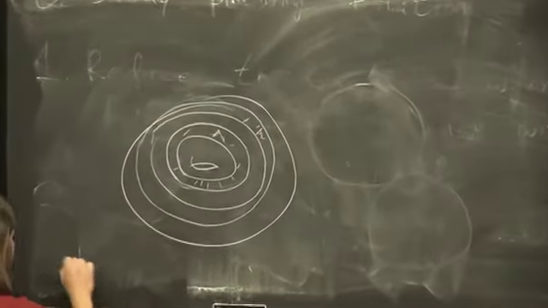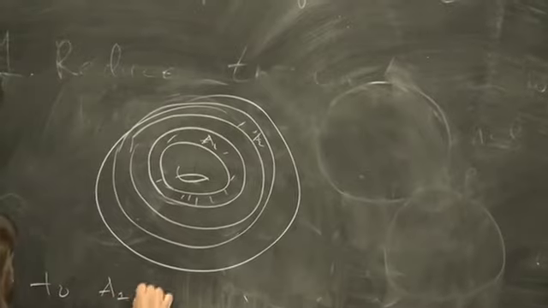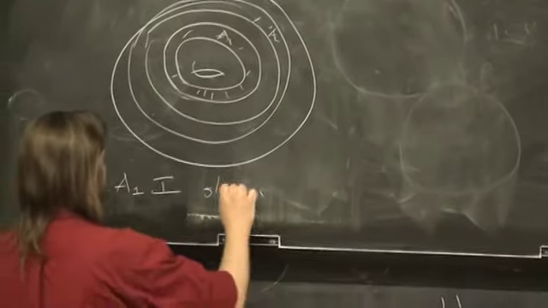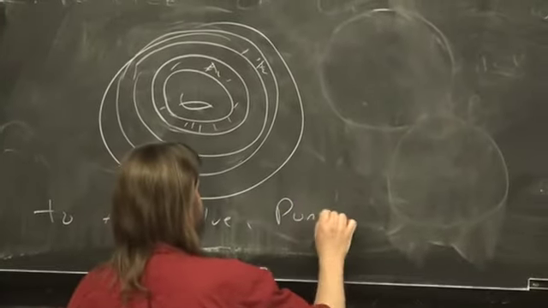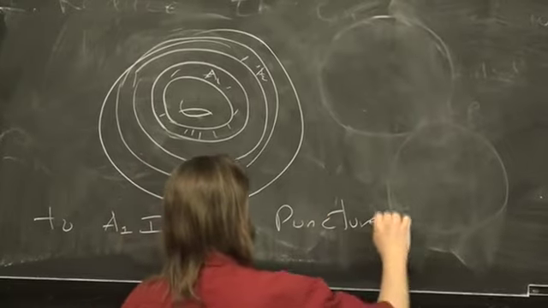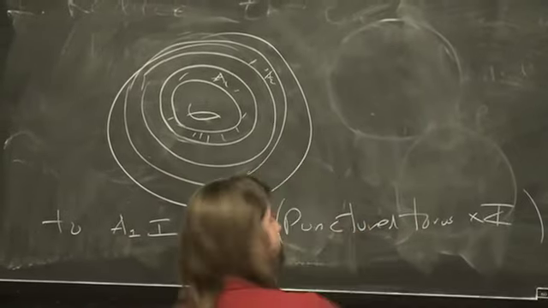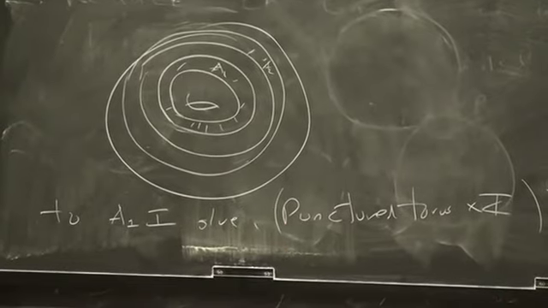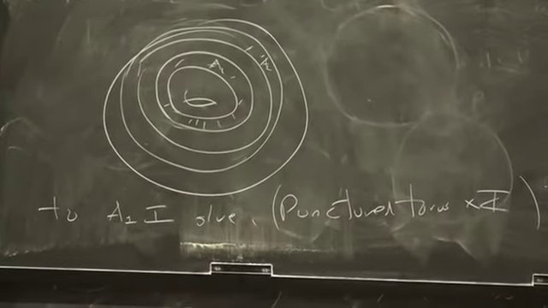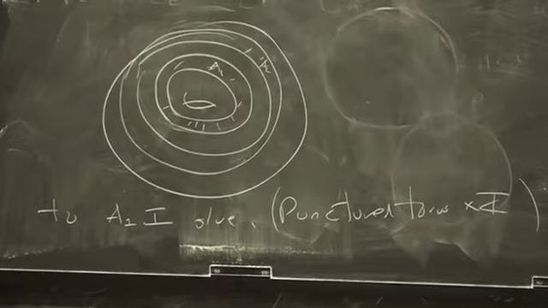And to A1, I glue a punctured torus cross I. Right? And I glue it by gluing the puncture across I as an annulus. So I glue that annulus to annulus 1.